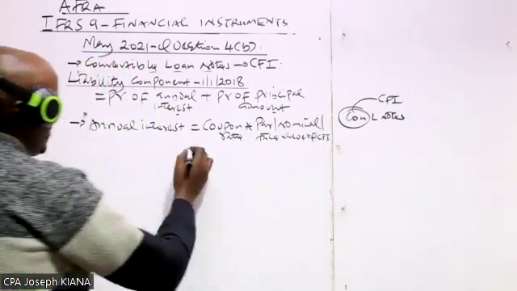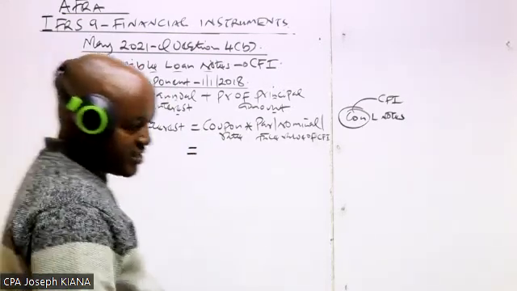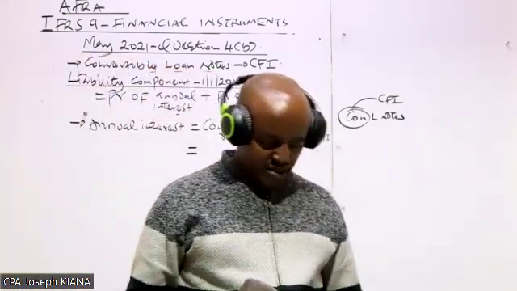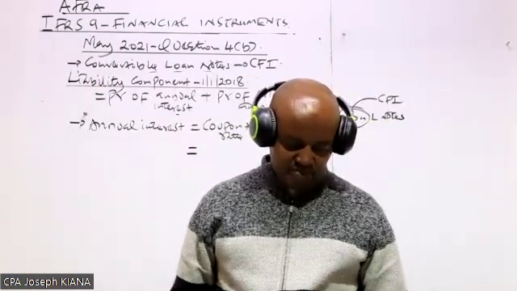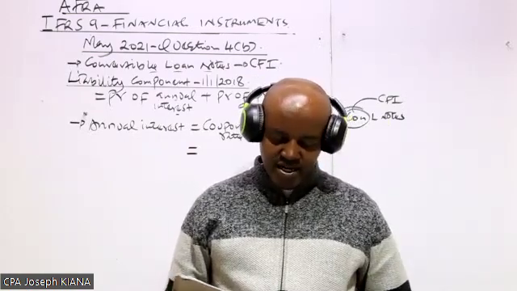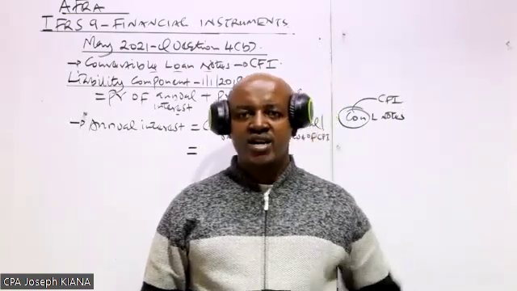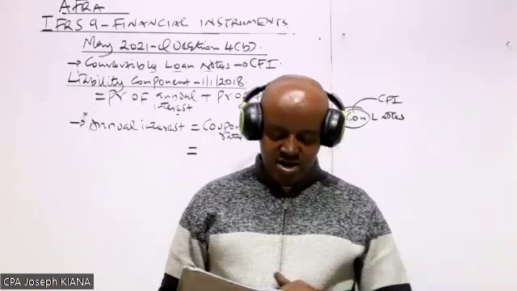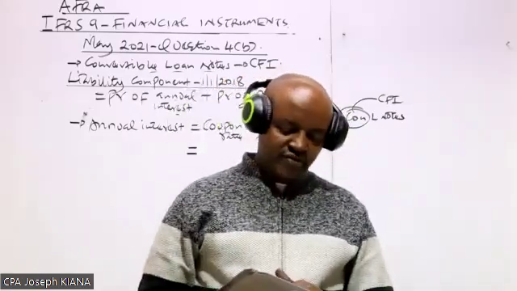If we go back to this question, you'll see we have two rates. In the last paragraph, we are told the loan notes pay interest annually in arrears. In arrears means that the interest is supposed to be paid at the end of each year, at a coupon rate based on the nominal value of 6%.